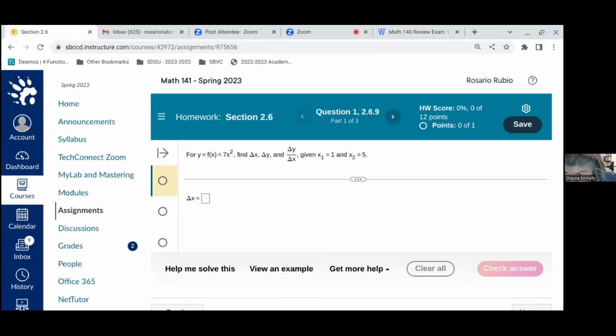You do not have to graph this to do this, but I want to show you what this is doing.